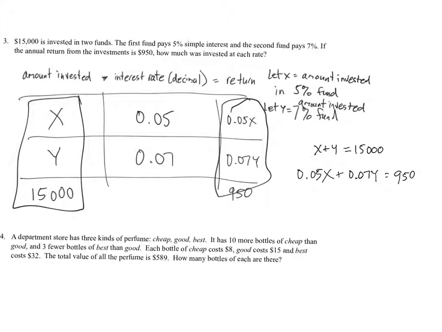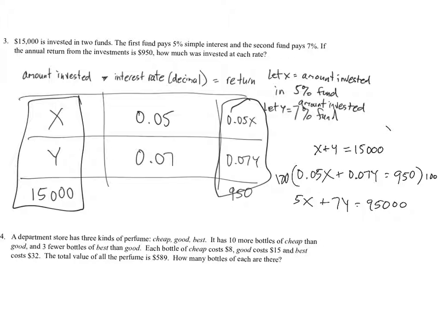That's our second one. First of all, we're going to get rid of our decimals by multiplying both of these by 100. And what you'll end up with is 5x plus 7y equals 100 times 950, which is 95,000. And we have x plus y equals 15,000.